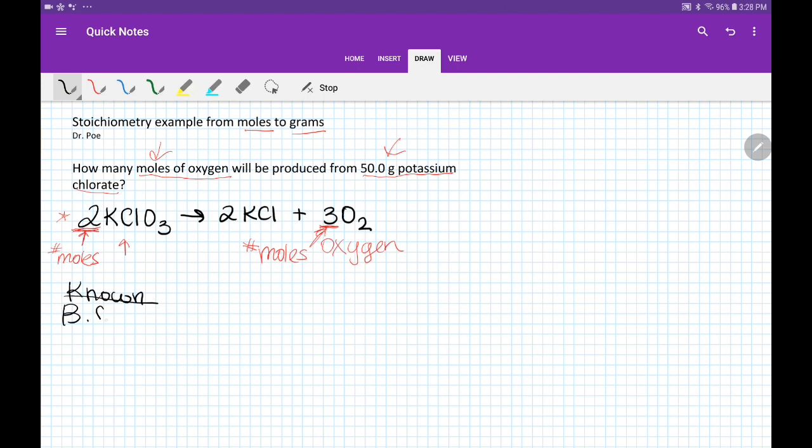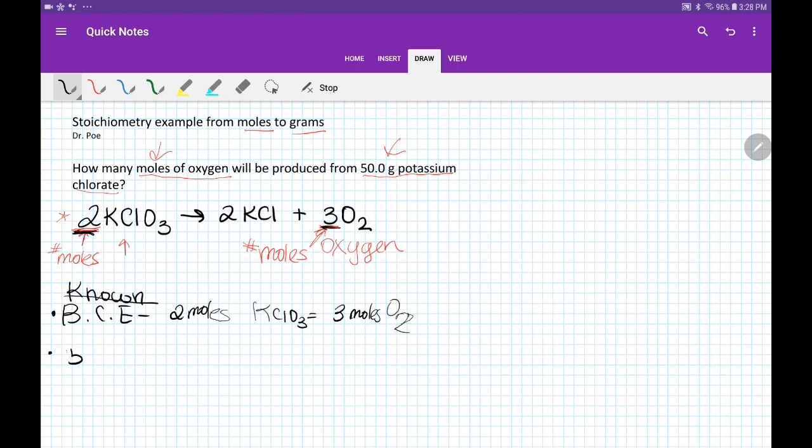From the balanced chemical equation, we know that 2 moles of KClO3 equals 3 moles of O2. I didn't do anything there that involved math. It was just taking this 2 and this 3, because that's the information that the balanced chemical equation gives us. What else do we know? We know the mole-mole ratio there.